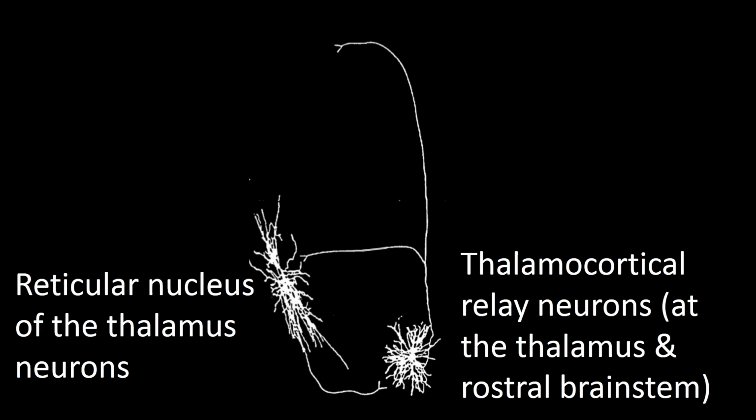and also with cortical neurons. The connection with the thalamus is made with the same neurons that originally made contact with the thalamocortical relay neurons.